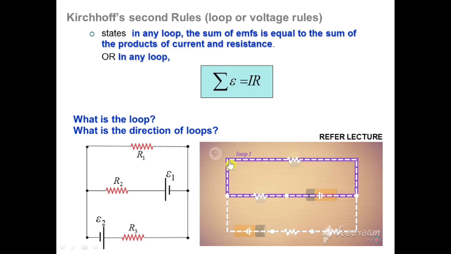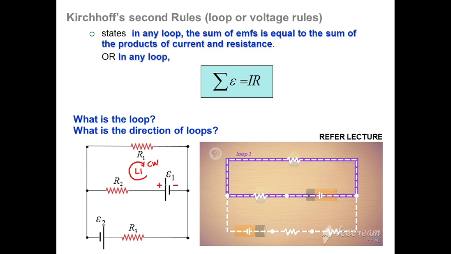For example, if we want to apply Kirchhoff's second rule for loop number 1, the first loop, we can label it as L1. The direction for loop number 1 is clockwise. Why? Because we follow the direction of current from EMF number 1 to make it easy to calculate.